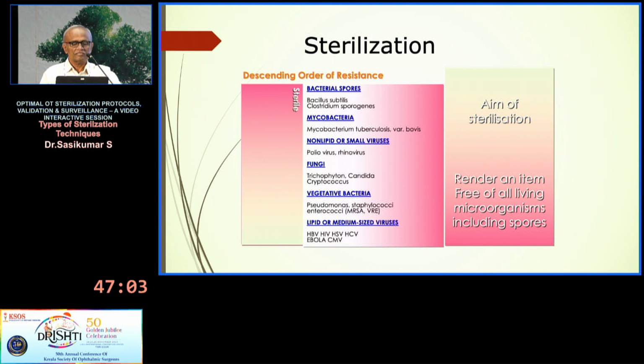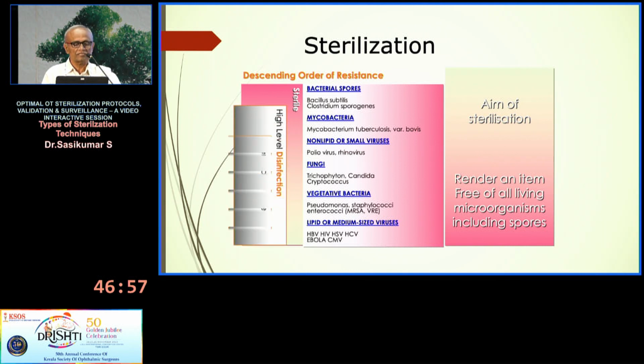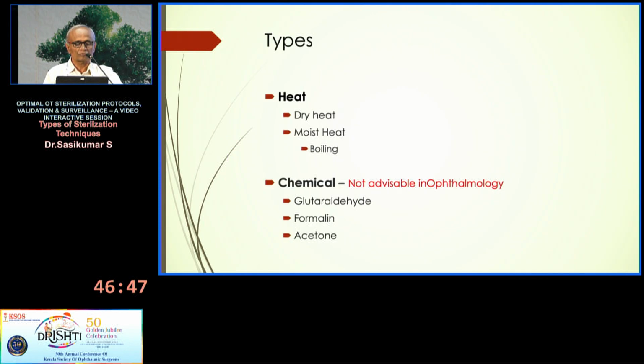If you categorize the microbes and microbial spores in descending order of resistance, bacterial spores come right at the top, where it is very difficult to eliminate them. They can be eliminated only by a sterilization process and not by a disinfection process. The various types of sterilization available are heat sterilization, chemical sterilization, gas and ionizing.